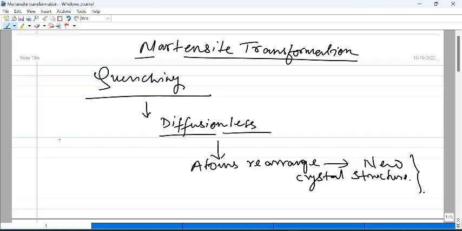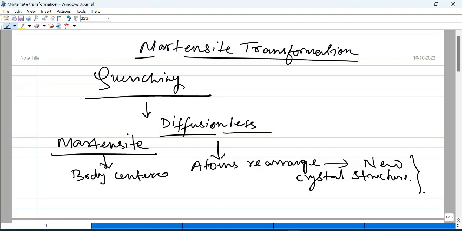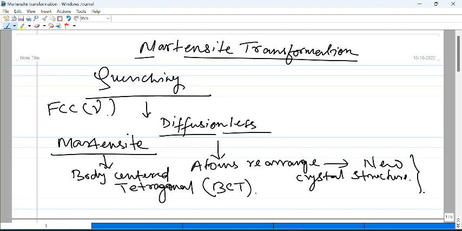So here also, when you talk about a transformation giving rise to martensite, the structure changes, and the crystal structure of martensite is body centered tetragonal, BCT. So here it is changing from FCC of the austenite phase to BCT of the martensite phase.